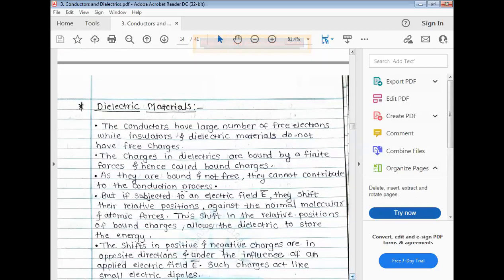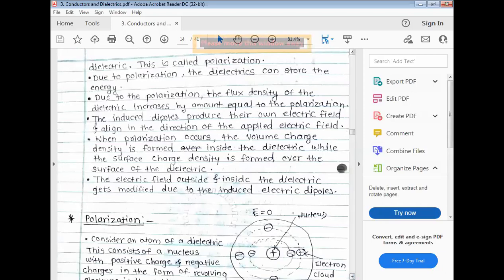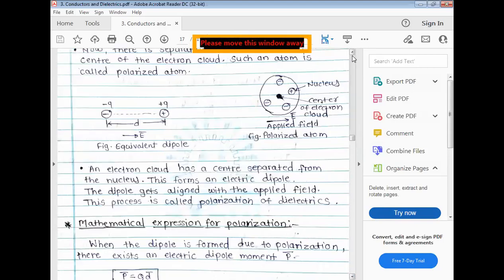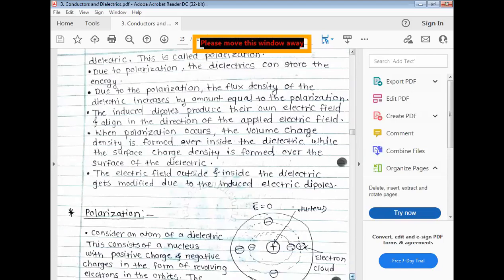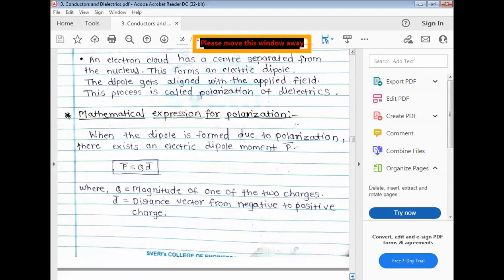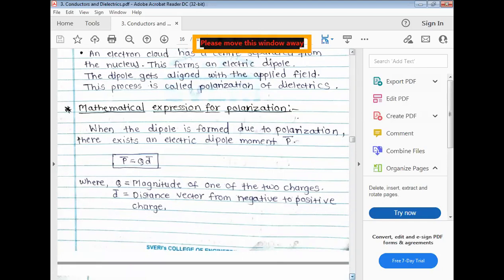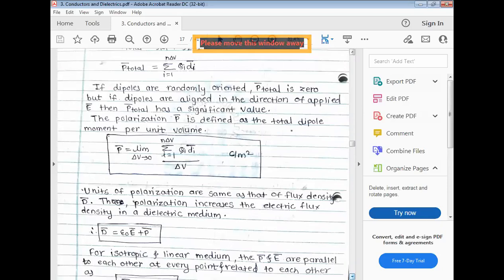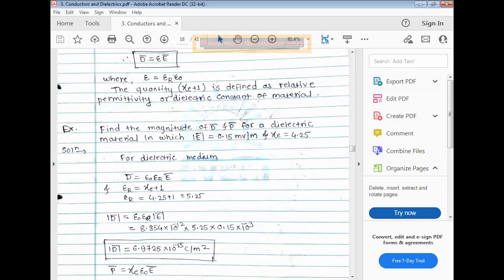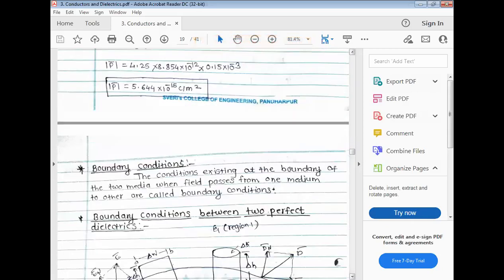Then we have seen the dielectric materials, and the properties of dielectric materials, polarization, what is meant by polarization, and the mathematical expression for this. Here you will require the concept of dipole moment, that is P bar is equal to Q into D bar.